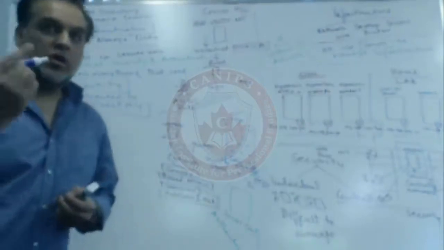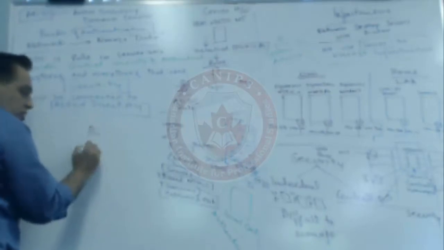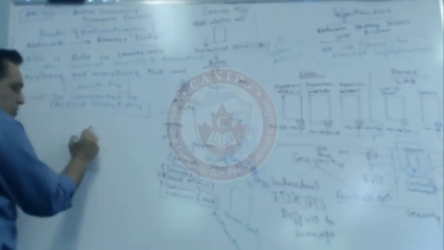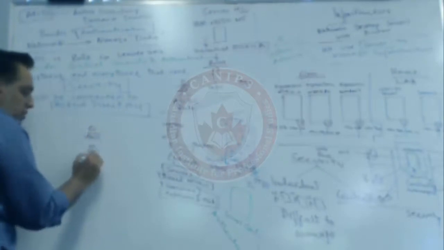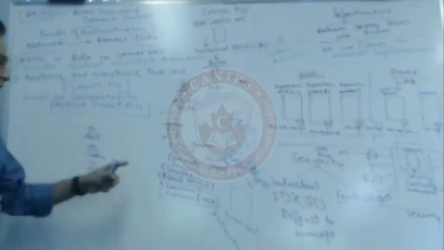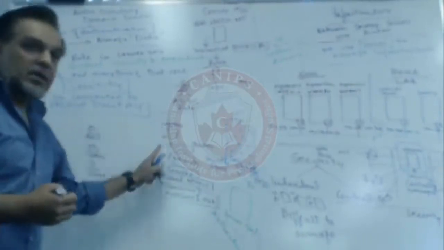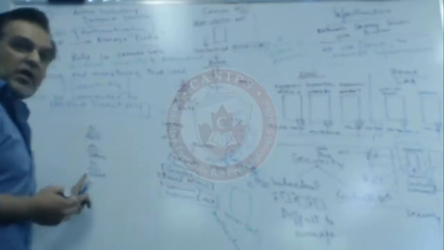Security from whom? Guys, security from users. So this is user 1, this is user 2, and this is user 3. These are a number of products that need security from different types of users.